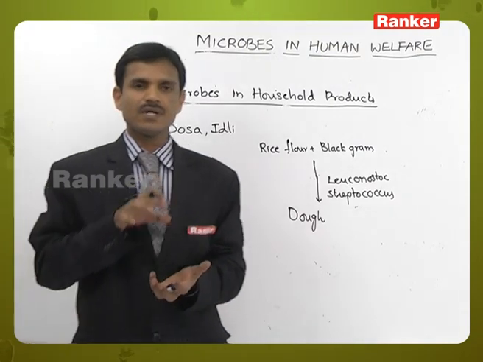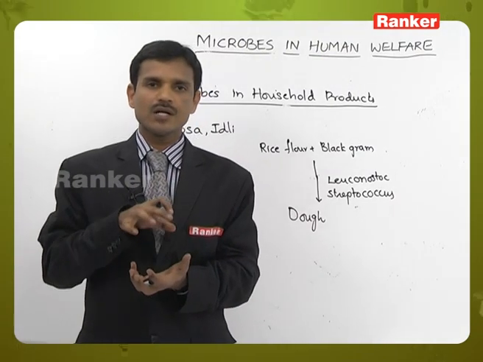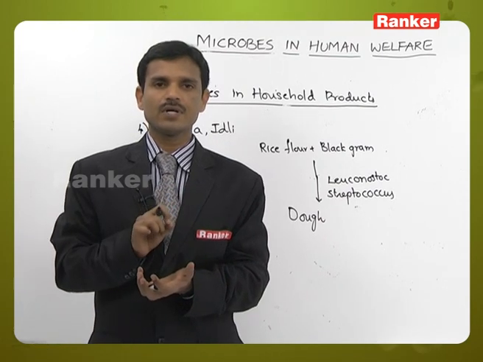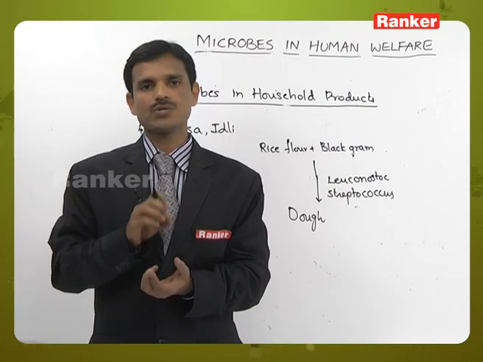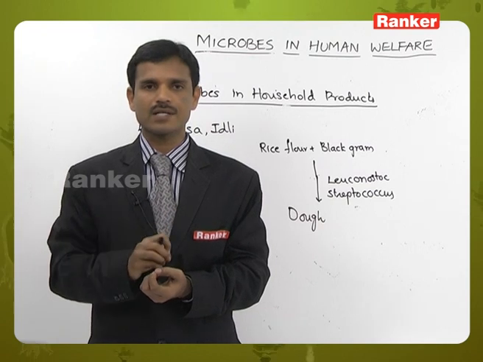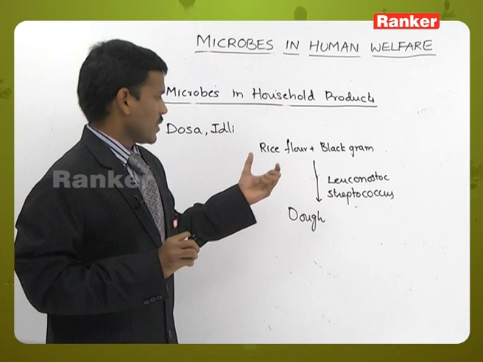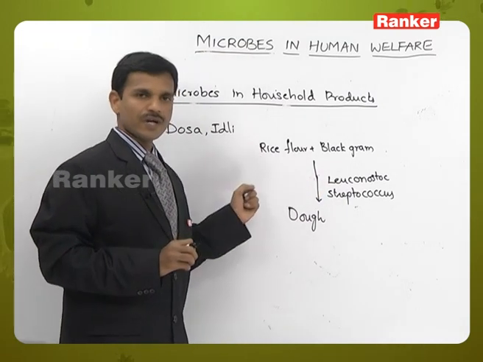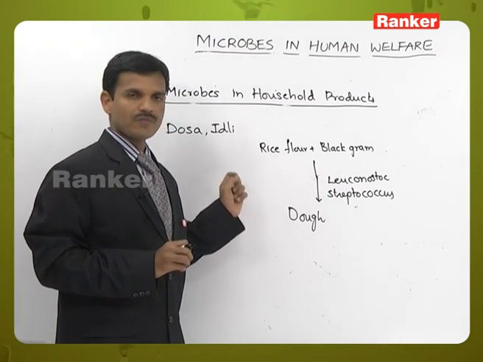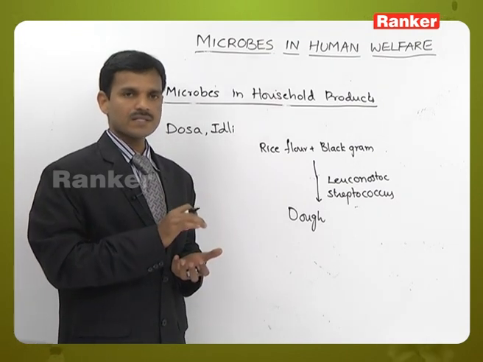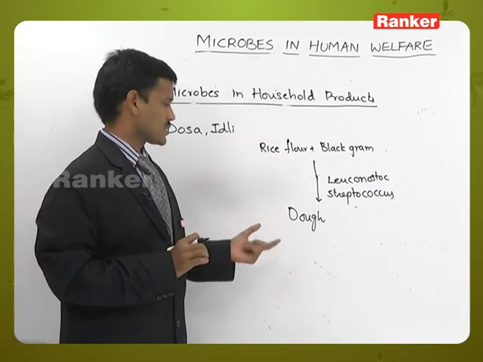After fermentation, the flour is puffing up. The puffing up appearance is due to the production of carbon dioxide. A large amount of carbon dioxide is produced by these bacteria in the fermentation process, so the dough swells or increases in size.